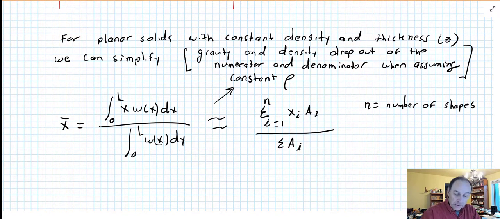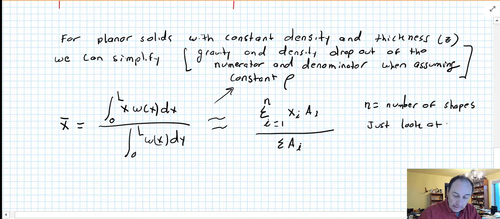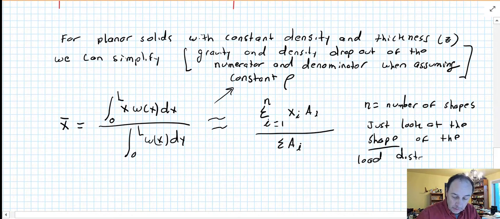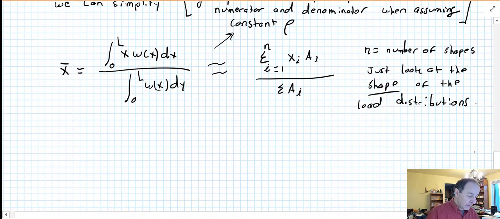So all you need to do is just look at the shape of the load distribution. The material properties don't really come into play, right? Because we have constant density.